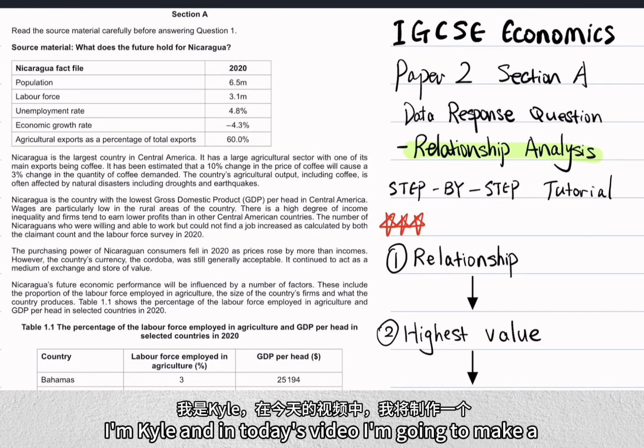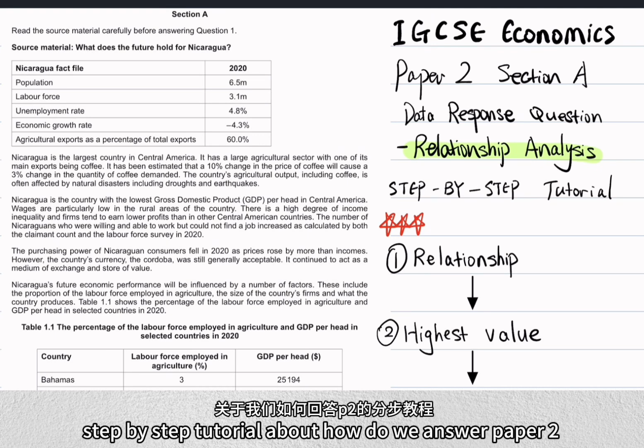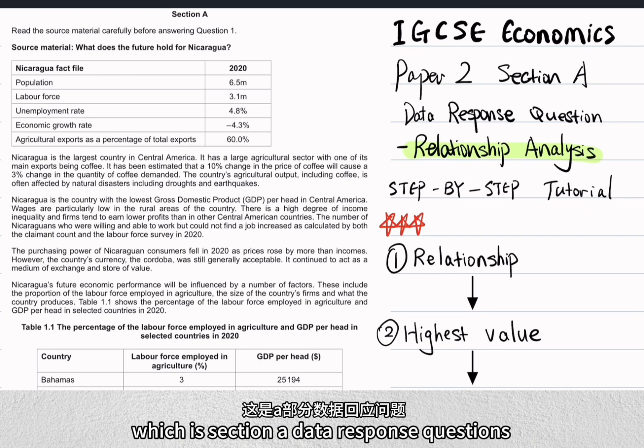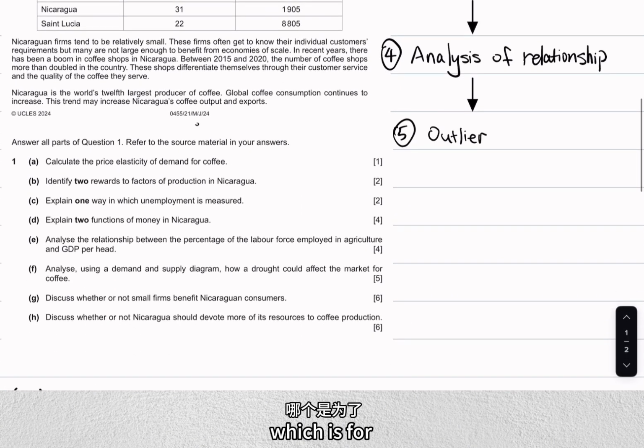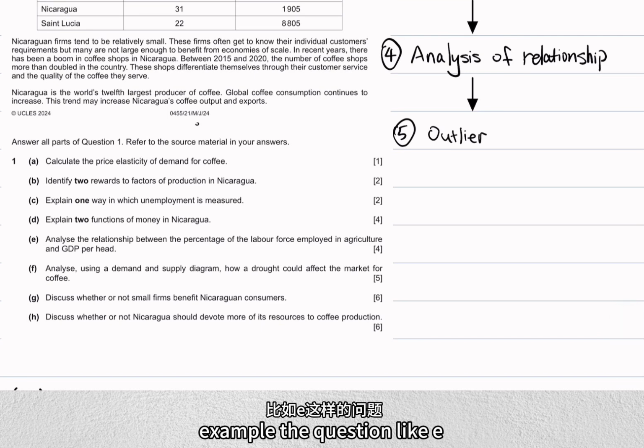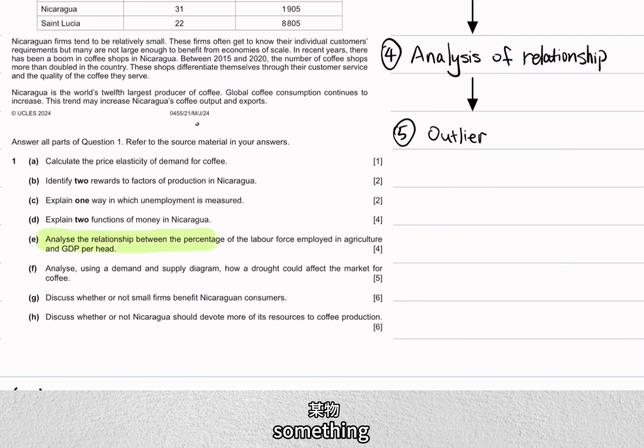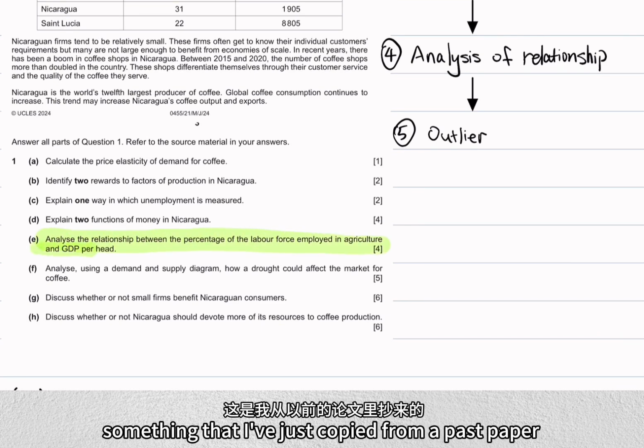I'm Kyle, and in today's video, I'm going to make a step-by-step tutorial about how we answer Paper 2, which is Section A, Data Response Questions. In specific, the question that I'm going to be doing is relationship analysis, for example, a question like E, analyze something, that I've just copied from a past paper.